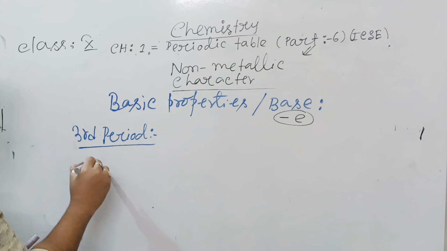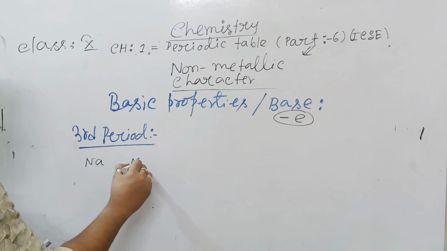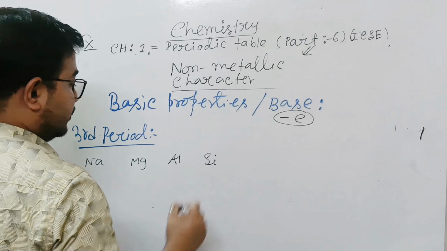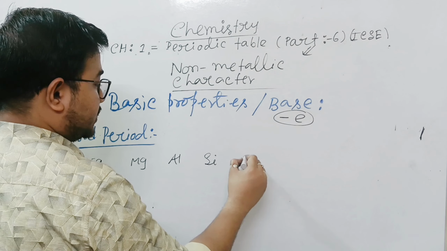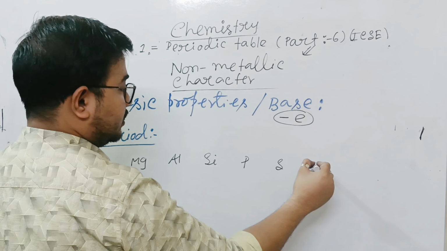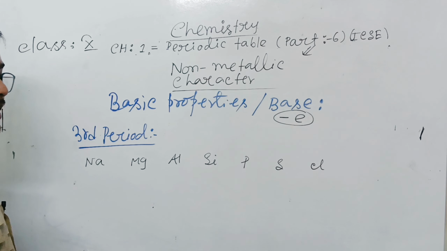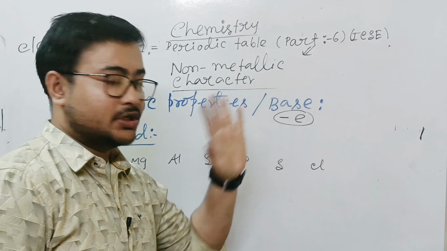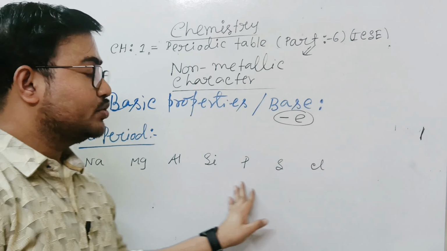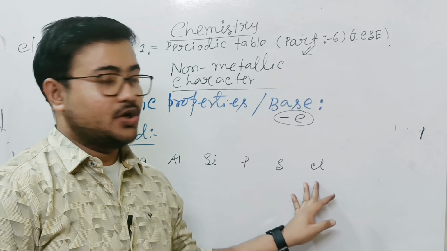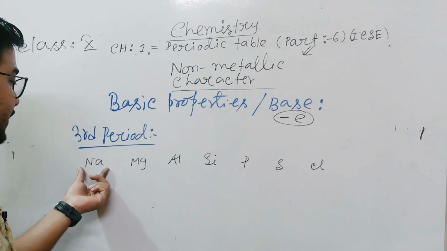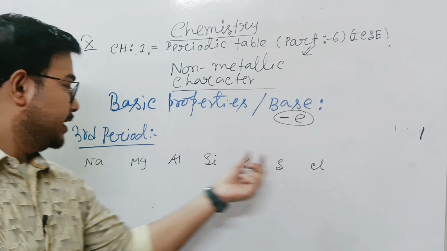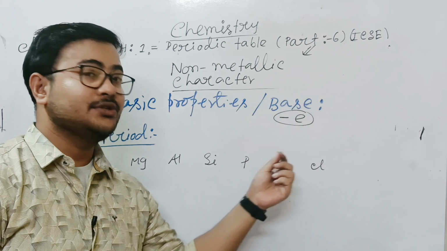Sodium, magnesium, aluminium, silicon, phosphorus, sulfur, chlorine. Now tell me, based on this previous concept, base means donation of electrons, which has a tendency to donate more electrons. First consider the first and last: between sodium and chlorine, which one has a tendency to lose an electron?